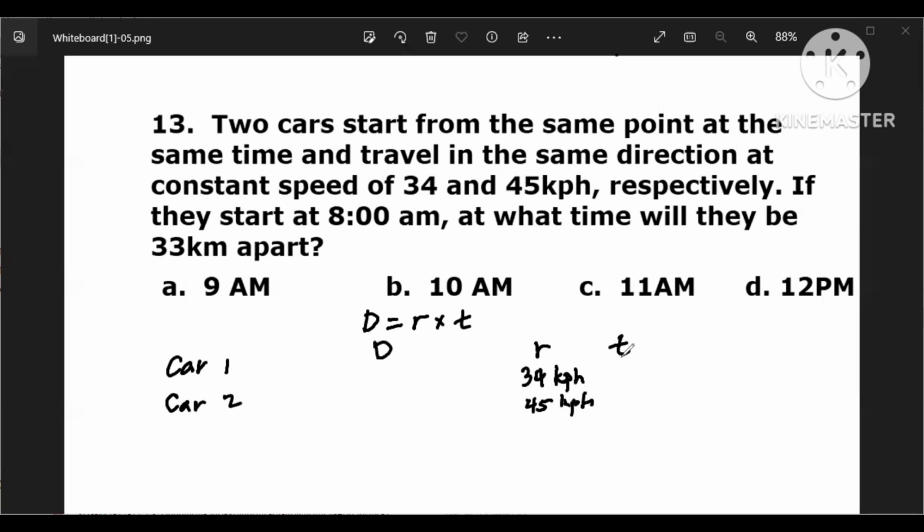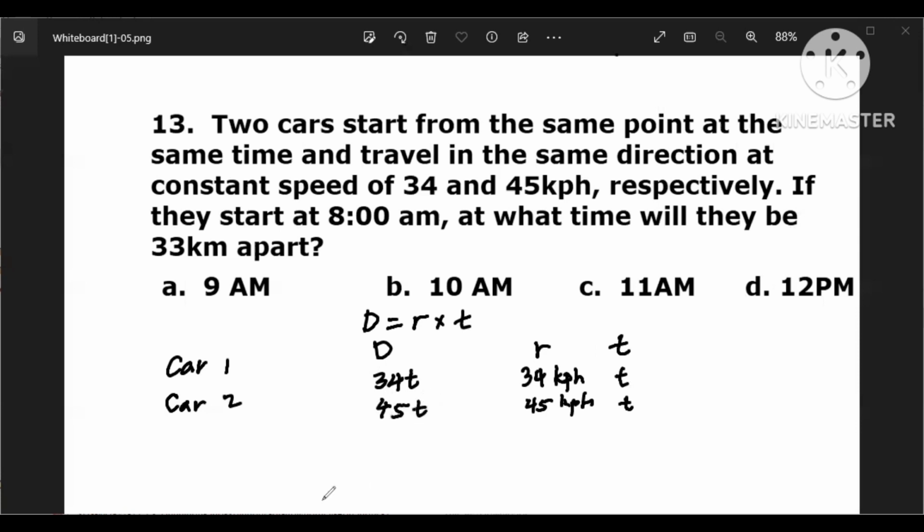Now, since sabay sila umalis at sabay itong hihinto, so pareho ang time nila, no? So let us denote that by T. And the distance covered by car 1 is the product of R and T, di ba? So that is equal to 34T. And the distance covered by car 2 at time T is 45T.